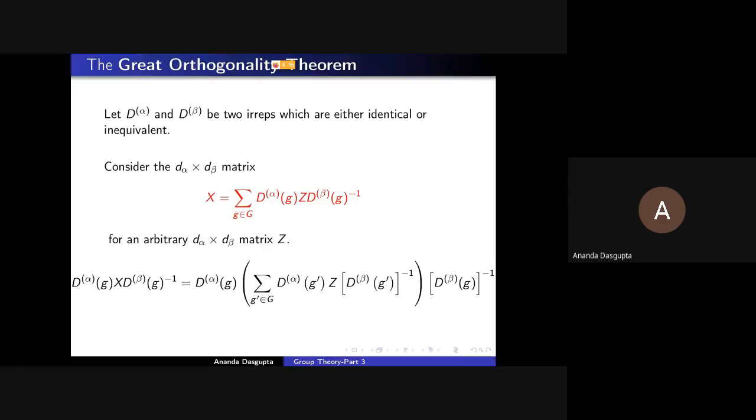Okay. This is what we started with, right? And the next step we said we can move the d alpha g inside the sum. That is, we can interchange the multiplication by the matrix and the summation. Of course, the summation becomes an integration when you go to a continuous group, not just an infinite group.